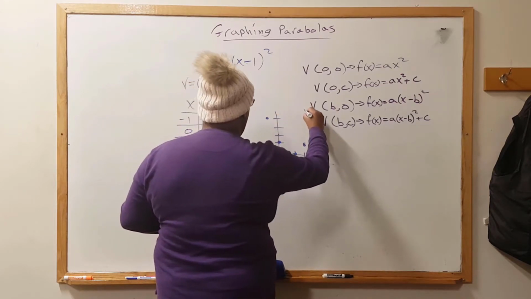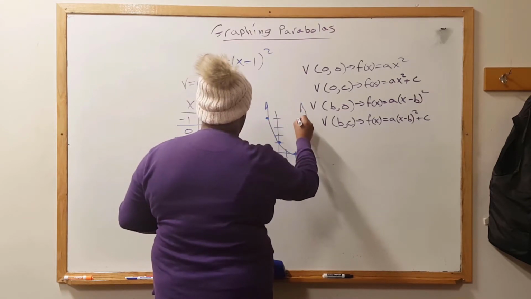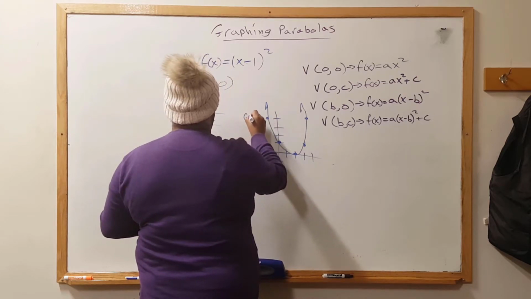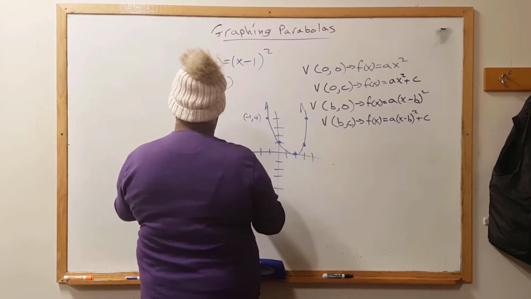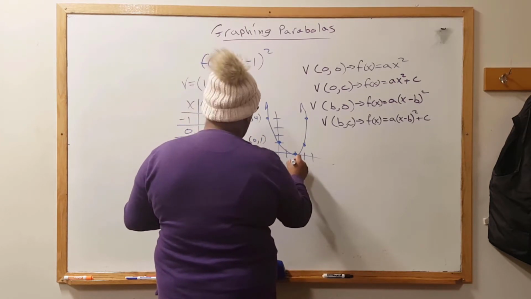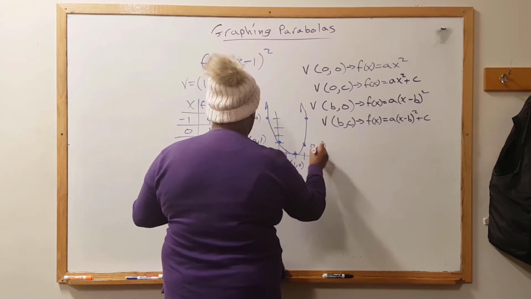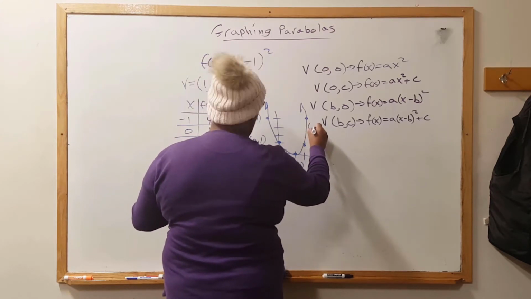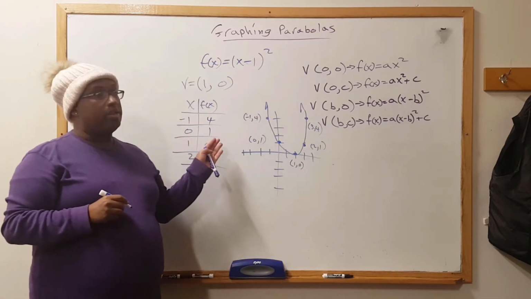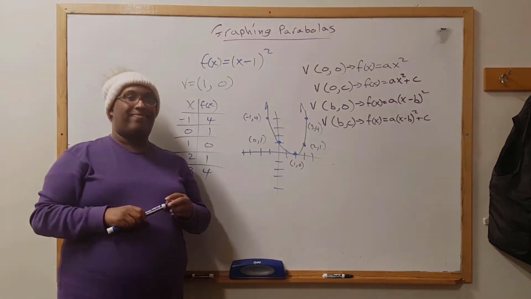So we have a parabola, and we can label our points. This point was -1, 4, 0, 1, 1, 0, 2, 1, and 3, 4. And we are done. And I'll be back with one more example.